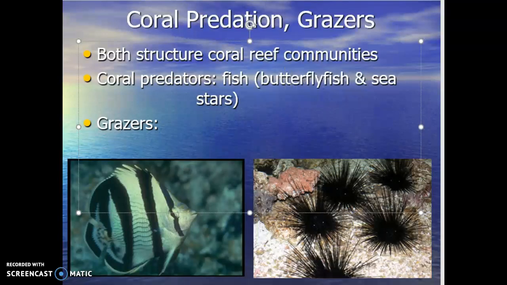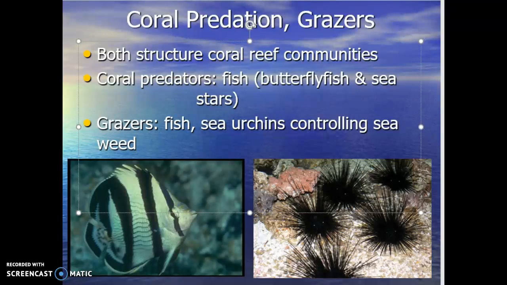Alright, there we go. When we talk about grazers, there's a variety of different fish that are grazers. They consume algae. And the urchins, these guys are incredibly important in controlling seaweed. So those are the types of fish and animals that we really, really like, the diadema. They're grazers. They eat the algae. They eat the seaweed. So they allow the corals the opportunity to grow, to reproduce, to expand their colonies.